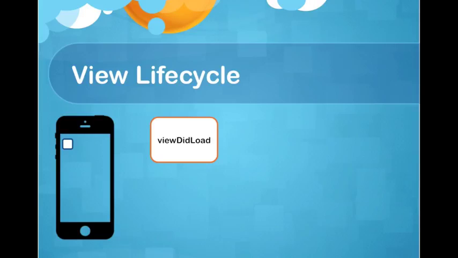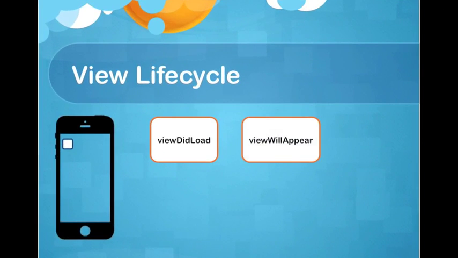But be careful about geometry and anything related to geometries at this point, because we're not sure at this point if this is the iPhone 4 size, iPhone 5 size, or even iPad. So there's a better place to set the geometry things. Next, view will appear will be called.